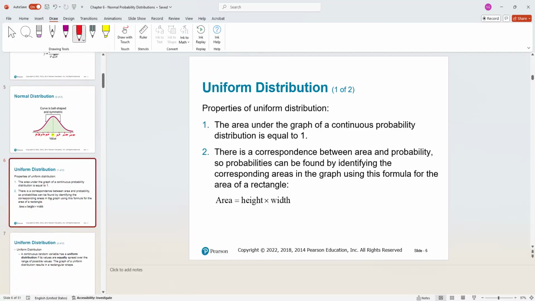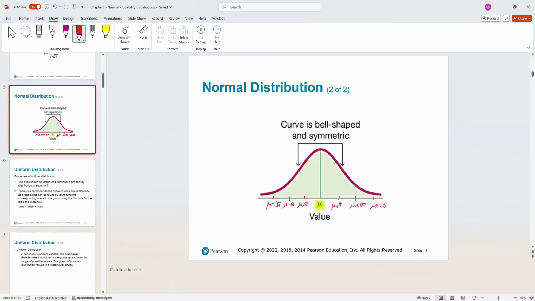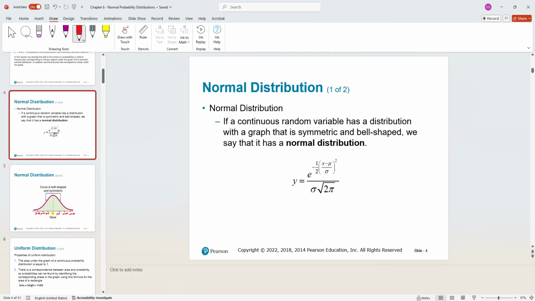For this shape you see here, we won't actually use this formula. I just show you something, but we're not going to use it. We examine the right side of the equation, which reveals that any particular normal distribution is determined by two parameters, the population mean and the standard deviation.